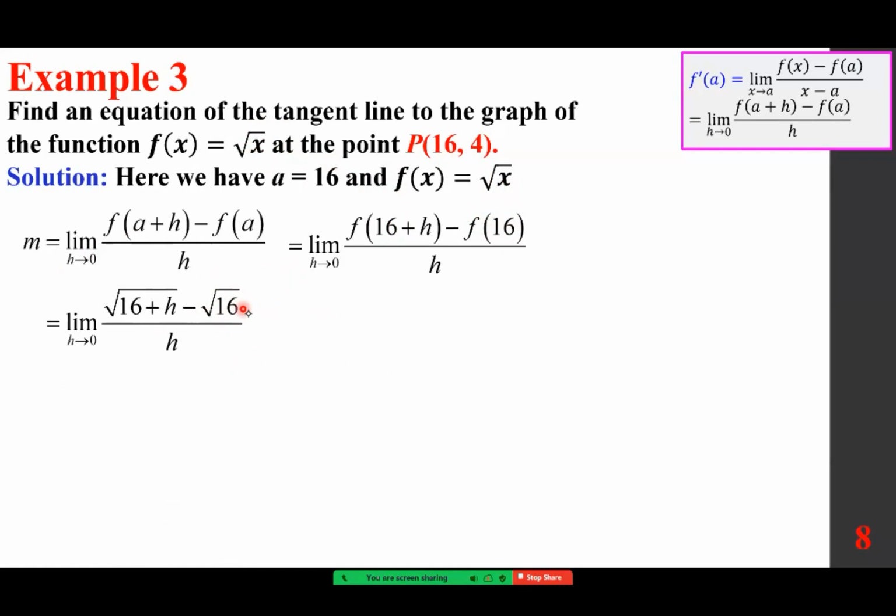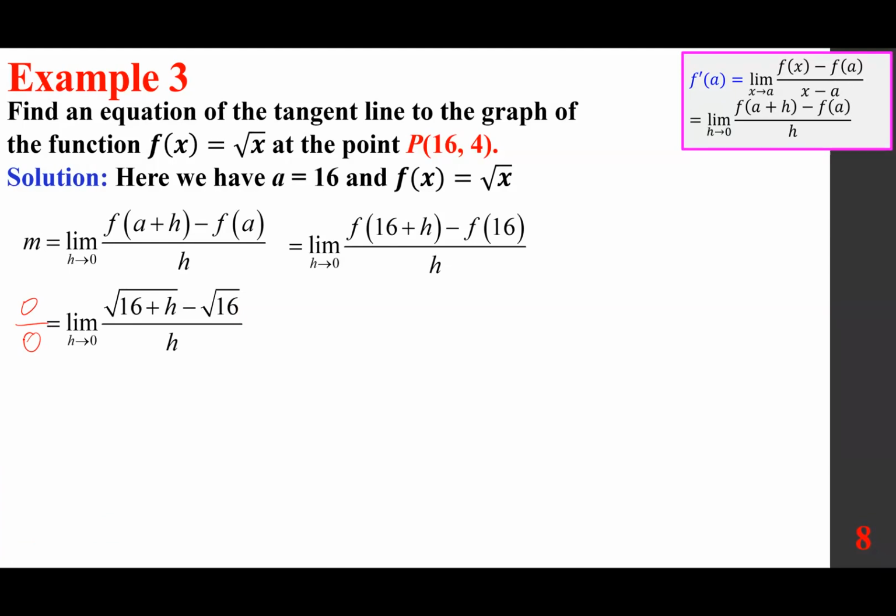And now, if you plug in, of course, you get 0 over 0. And anybody remembers what technique we used in a case like this? Anybody remembers the name of a technique? This is an indeterminate form. And to fix this indeterminate form, we use an algebraic technique.